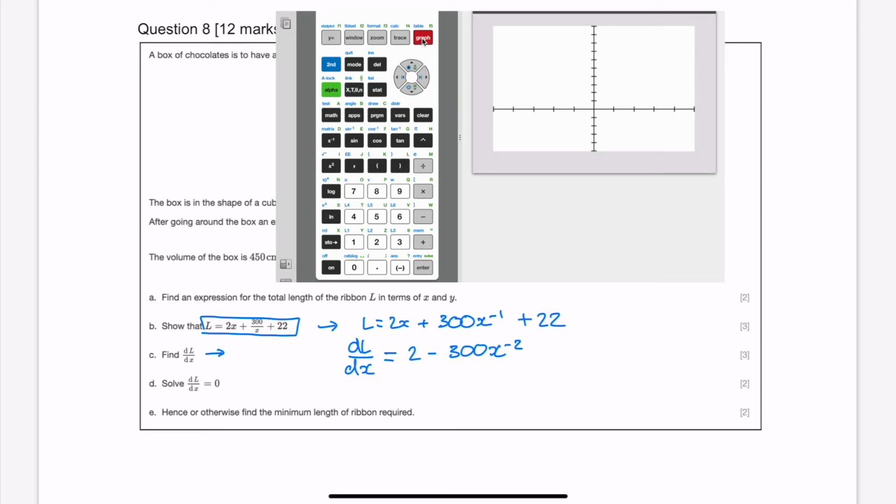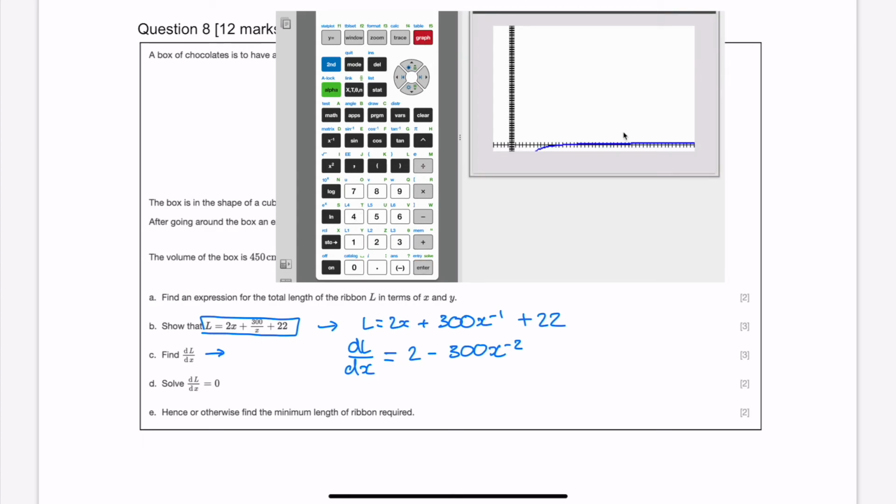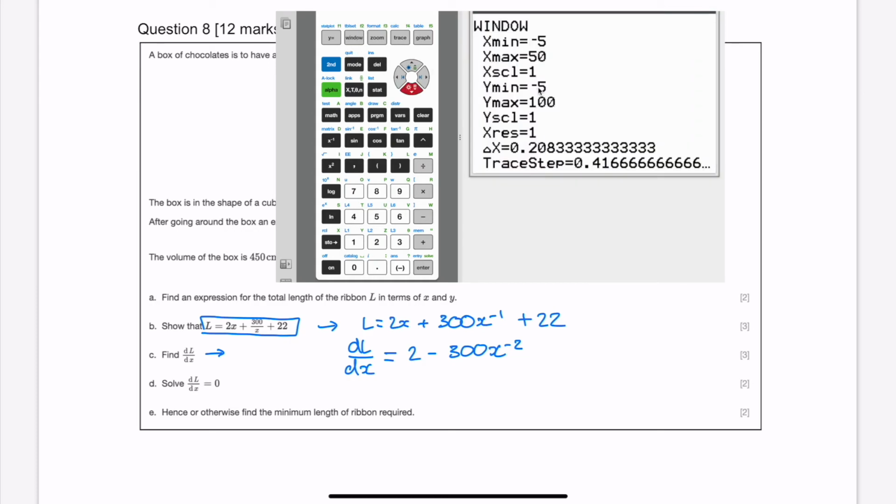And that looks like I might need to change my axis. So let's go from -5 to 50, and then my Y scale, let's go to 100 because I'm not really sure what I'm working with in here. Okay, now we can start to see it. So we obviously don't need that scale on the y-axis there.